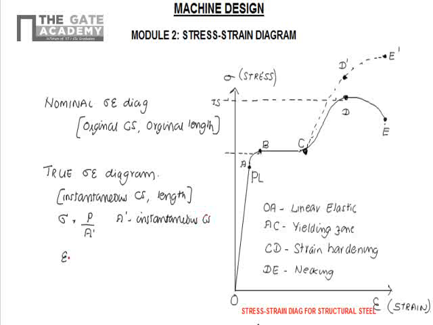And similarly, epsilon will be L minus L0 by L dash, where L dash is the instantaneous length. So that is the difference between the true stress strain diagram and the nominal stress strain diagram.